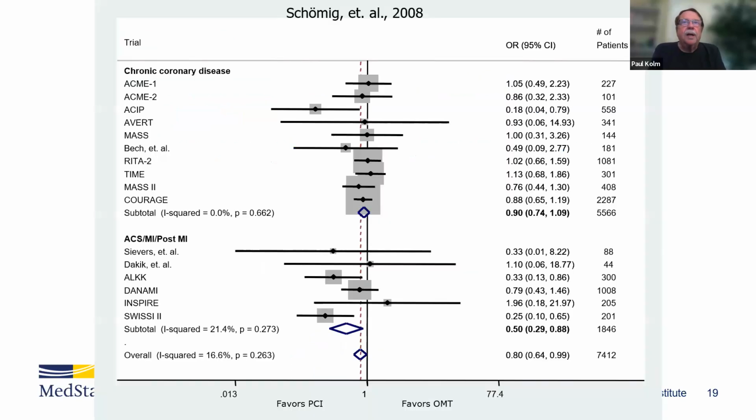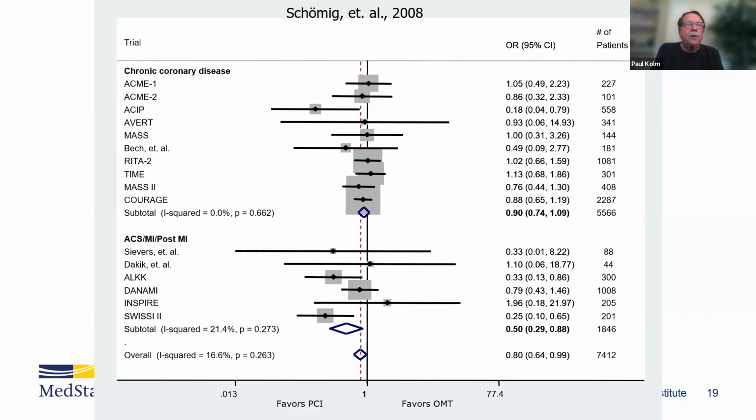This is the forest plot redone with the two groups of patients. In the case of the CAD patients, there's no statistically significant benefit of PCI, whereas if we take just the post-MI studies, then there is.